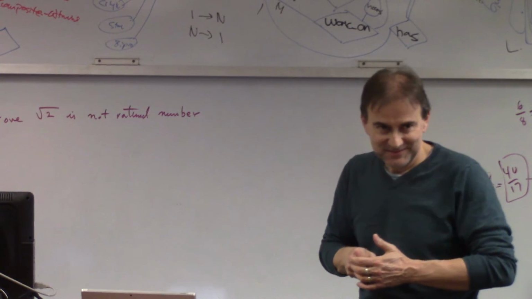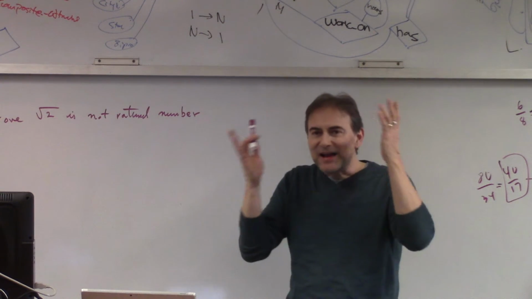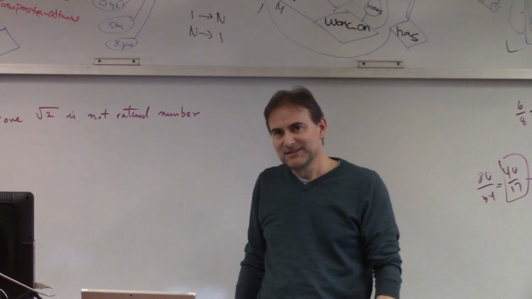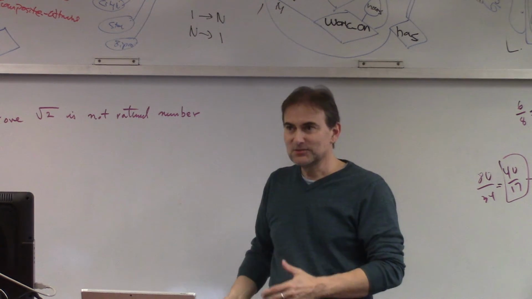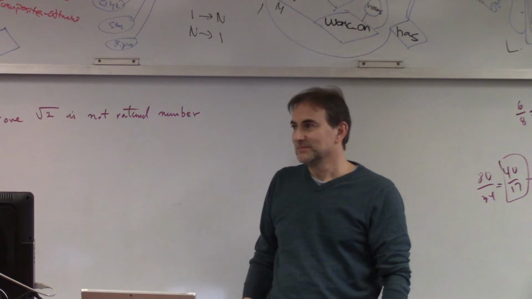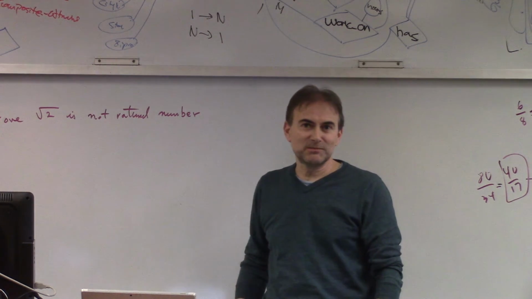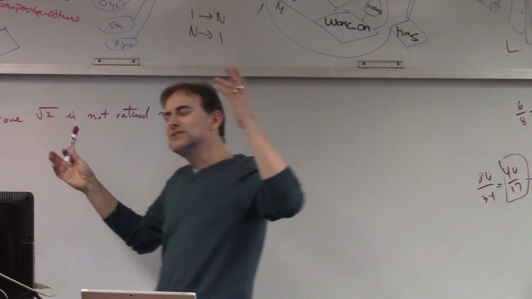Not a proof. Okay, so directly, where do you go with it? Come on, look at it. It's not a rational number. That's called begging the question. It's not a proof. It doesn't look like a rational number. That's just that. All right, so not directly.